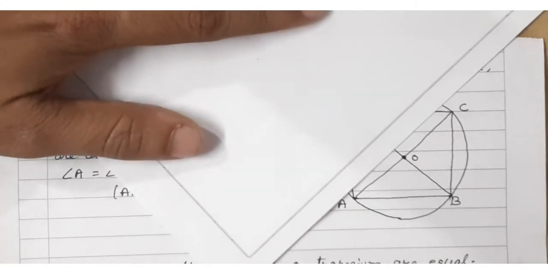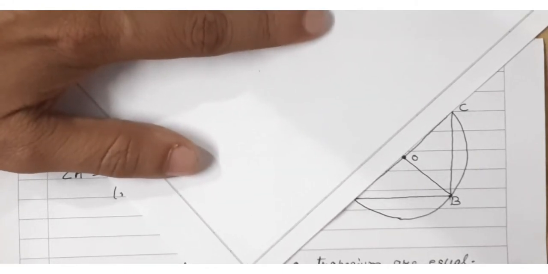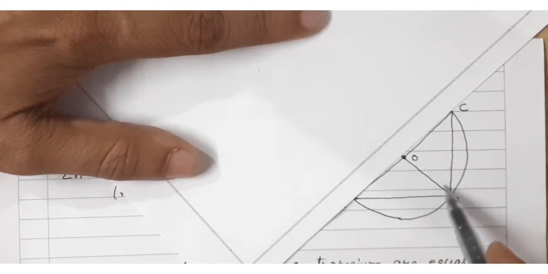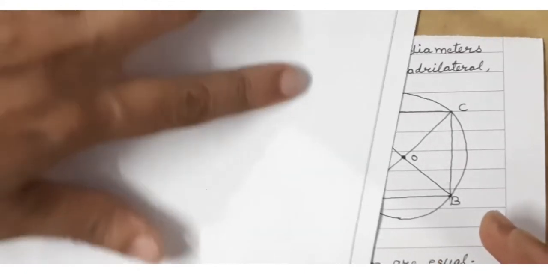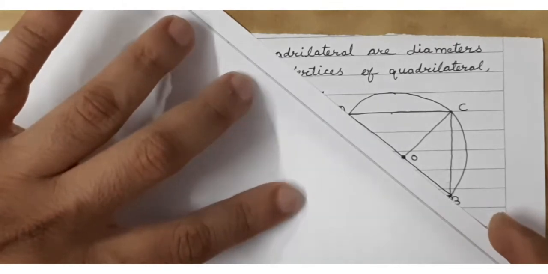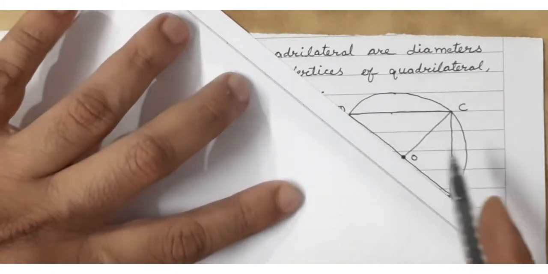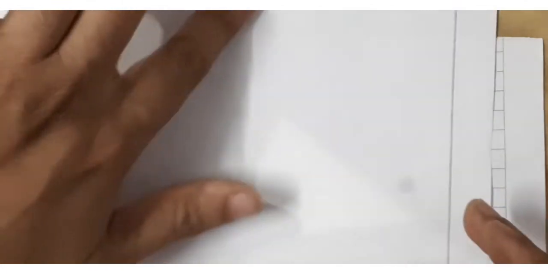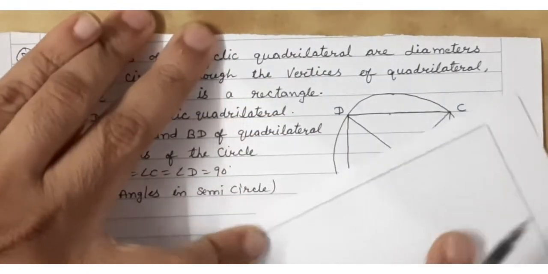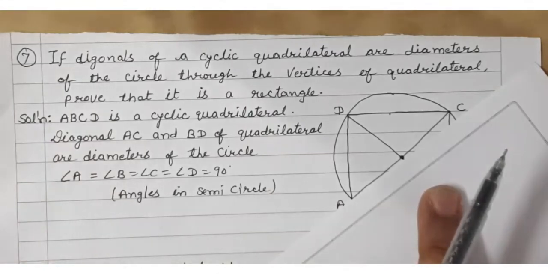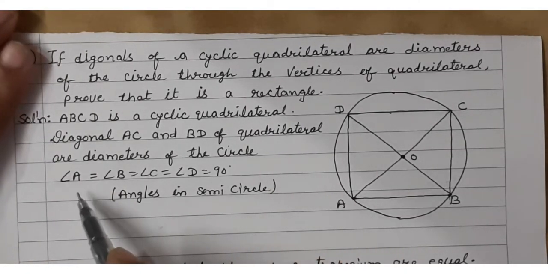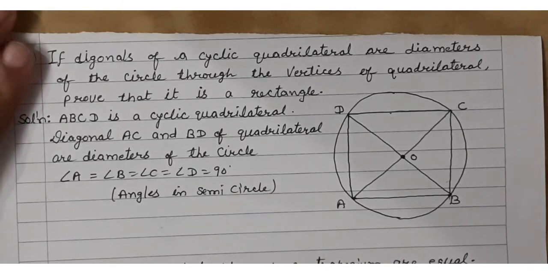Okay, if I hide this like this, and this is again looking like angle at semicircle, then angle B should be 90. If I hide like this and try to see angle C, it will be again 90 degree. And if I hide angle D this way, yes, then you will get angle at semicircle is always right angle.